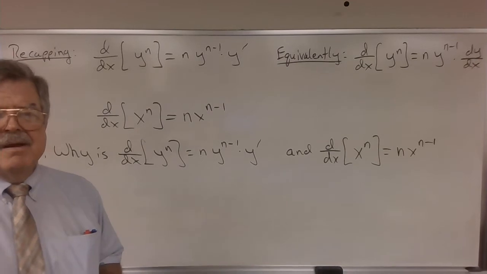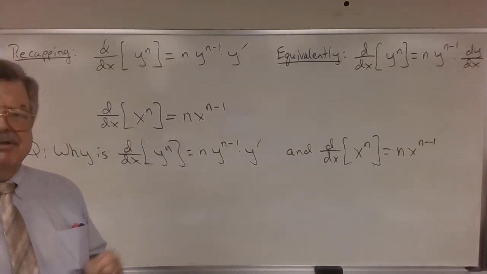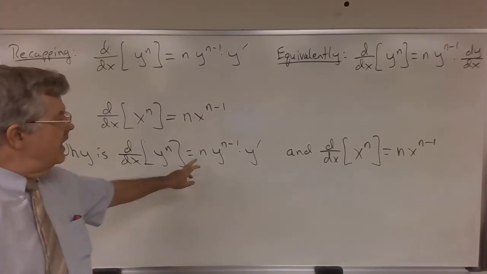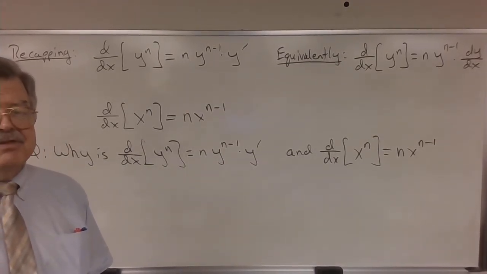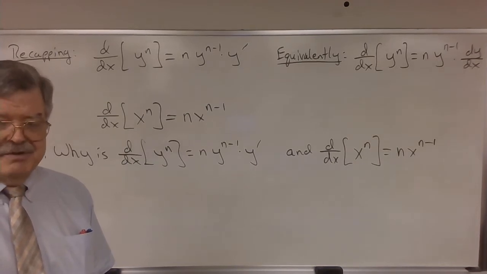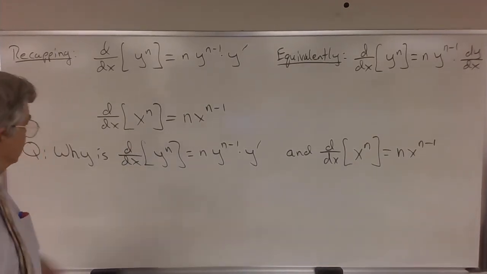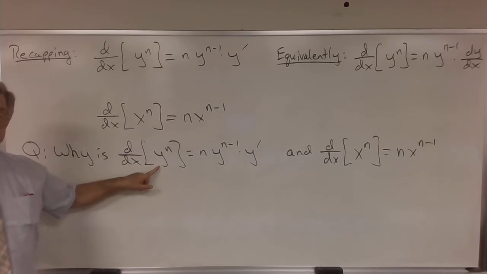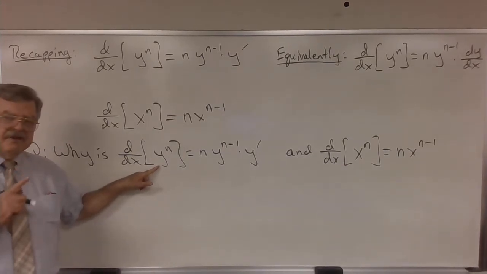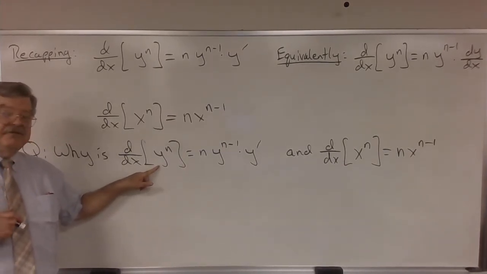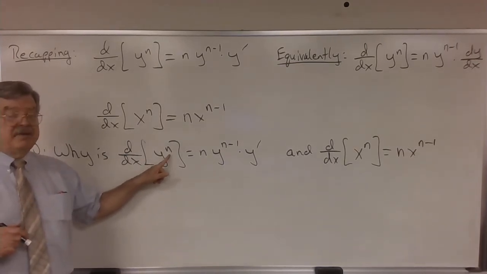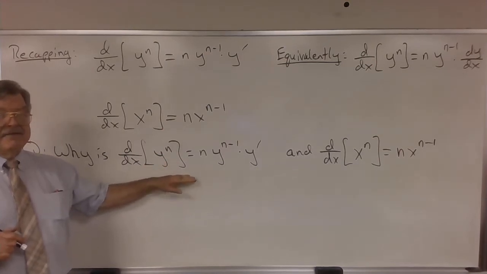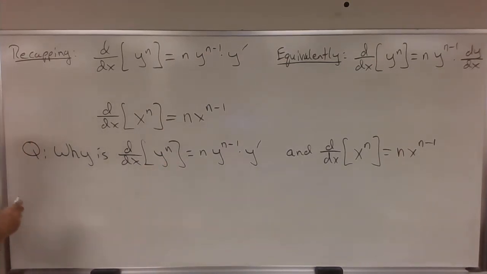Now, probably we have a clue as to why these two formulas are different because of the way that the material was presented to us. And we look at this and we say, well, remember, y isn't just a variable, it's a function of x. So this is a function raised to a power. And we have to use the chain rule. So that's a pretty good answer right there.